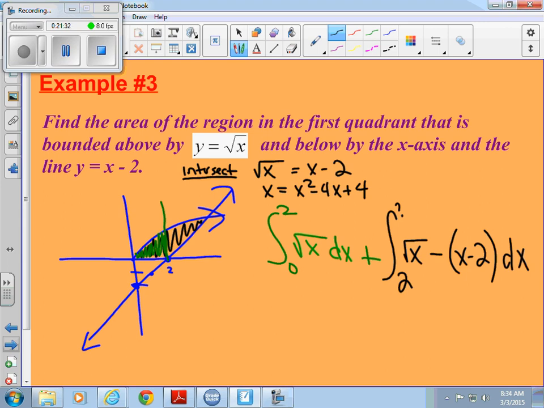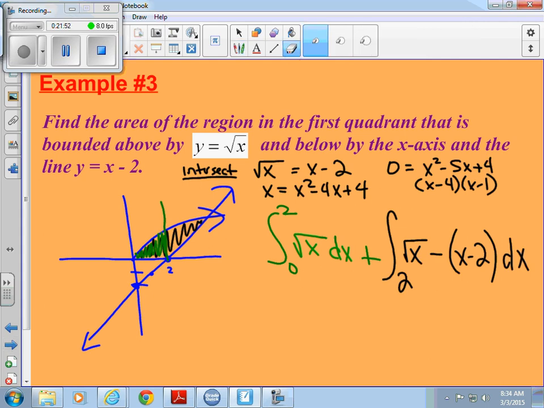Luckily, this factors nicely. Now, obviously, which one of those is this point? 4. Just out of curiosity, where in the world are they even getting the 1? Why is the 1 even involved?